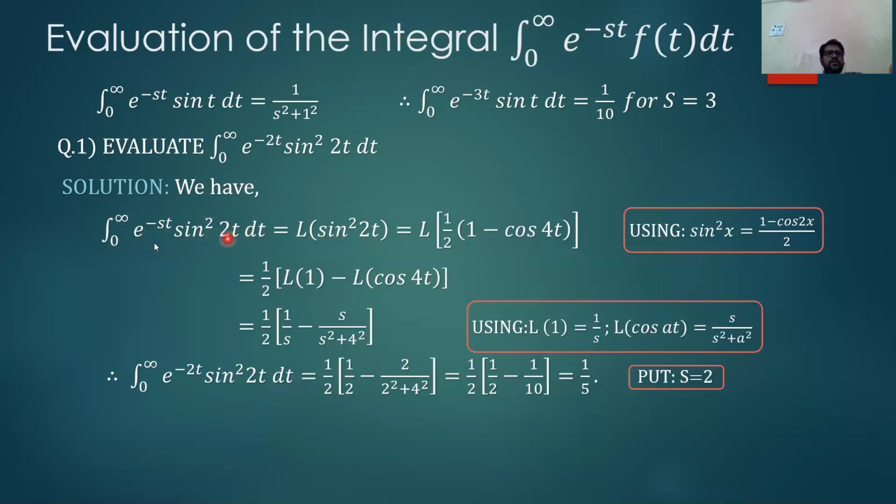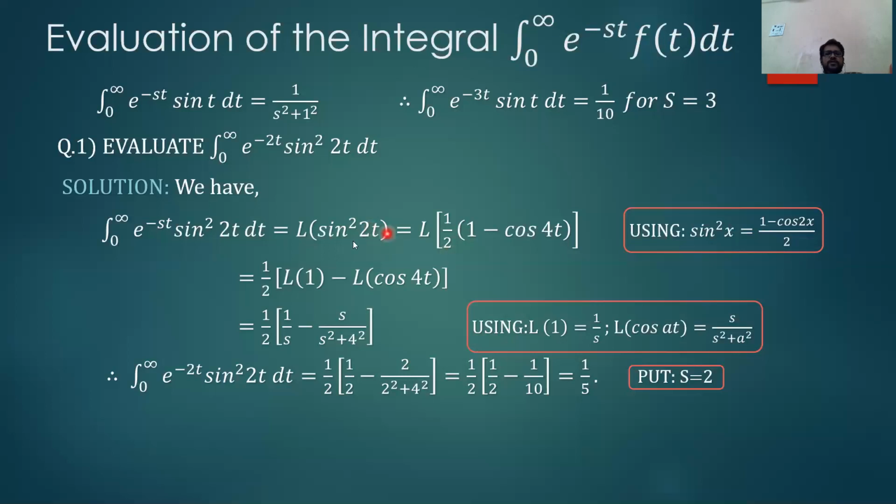So first of all find the Laplace of sine square 2t. We cannot apply the direct formula of Laplace, so change it into linear form. As we know, sin square x equals 1 minus cos 2x upon 2.